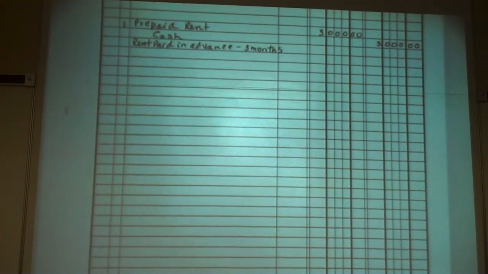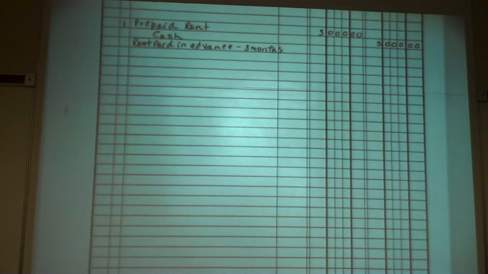Because when we get ready to make the adjusting entry, it would be nice not to have to go back to the book to find it. We could just look for it in the journal entries. So when we make that adjustment for a month, what's the amount going to be? 1,000.